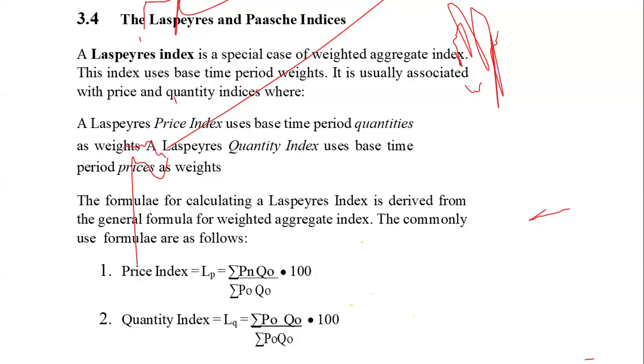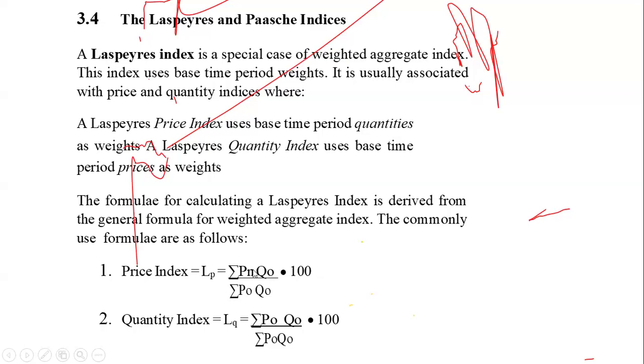Now, the formula for calculating a Laspeyres index is derived from the general formula for weighted aggregate index. The commonly used formulas are as follows. For the Laspeyres price index, L is equal to what? The sum of the product of the price times the quantity.